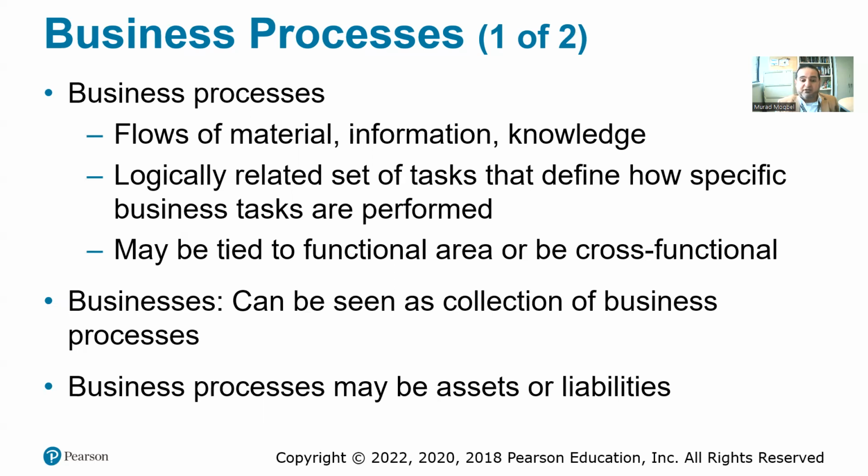Effectively means you do it with perfection, meeting the requirements. If a business process is done efficiently and effectively, it can be an asset because it gives you a competitive edge over your competition. And a business process can be a liability if it is done in a slack way or delayed, if it is not done efficiently and effectively.